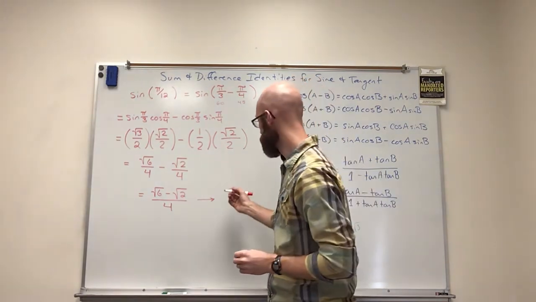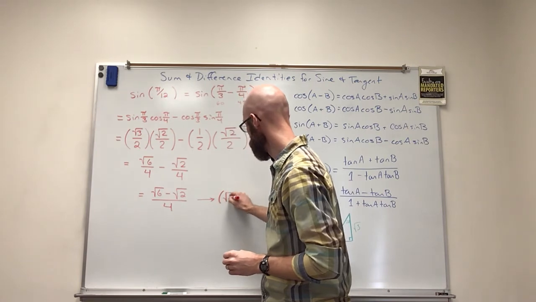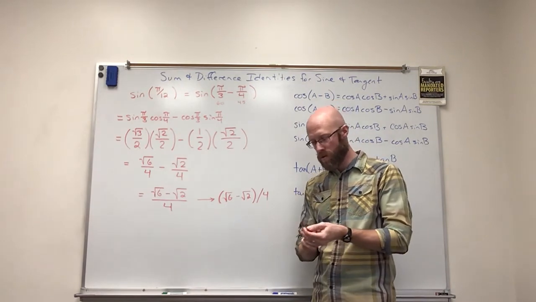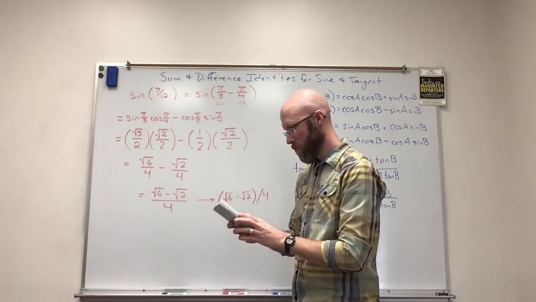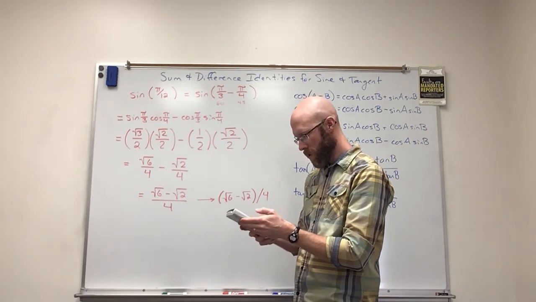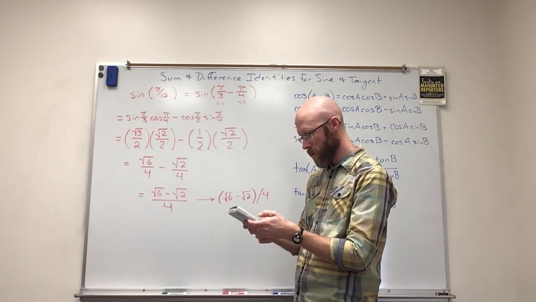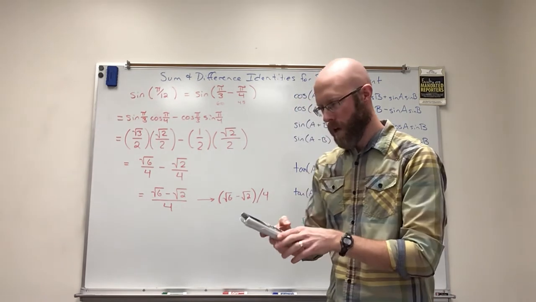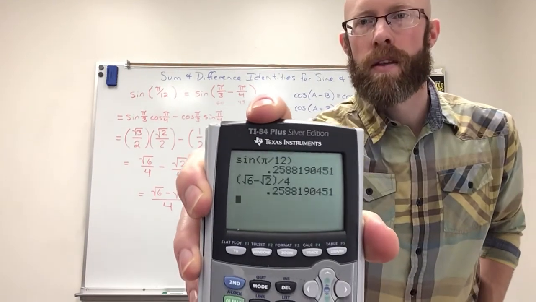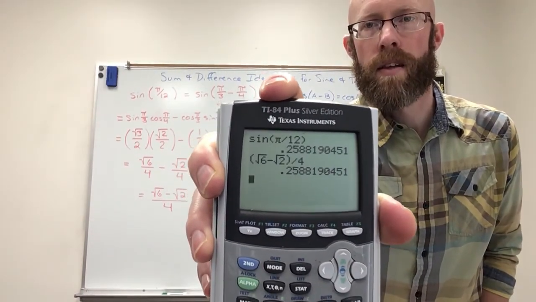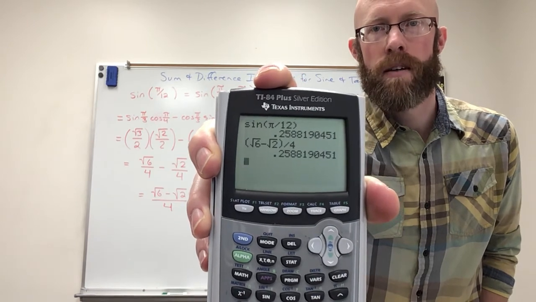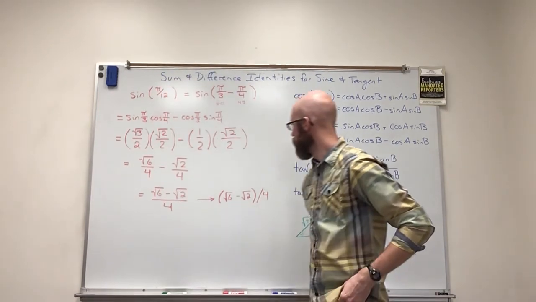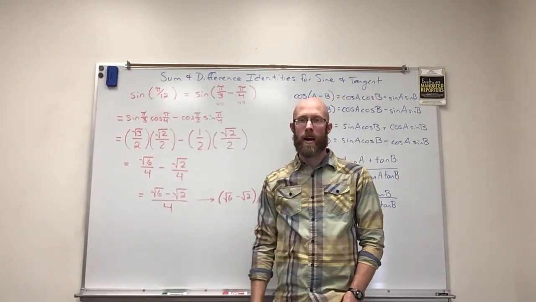So you want parenthesis root 6 minus root 2 parenthesis, divide by 4. And as you can see, hopefully you can see that, the decimals come out to be the same. So it works out nicely, and that verifies that these two things are in fact equal to each other.